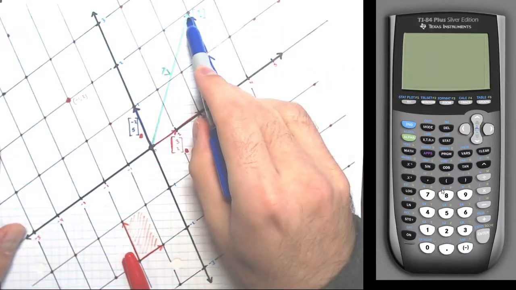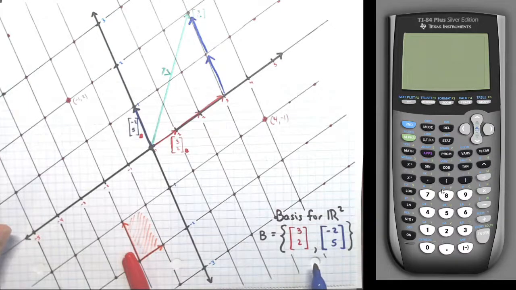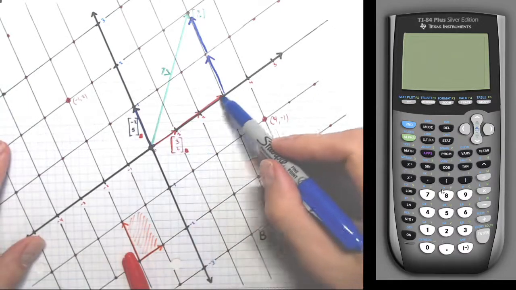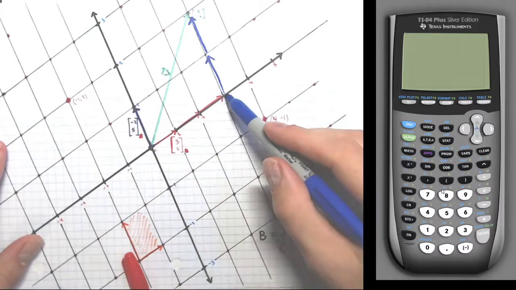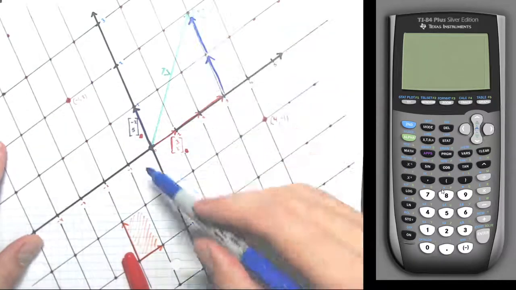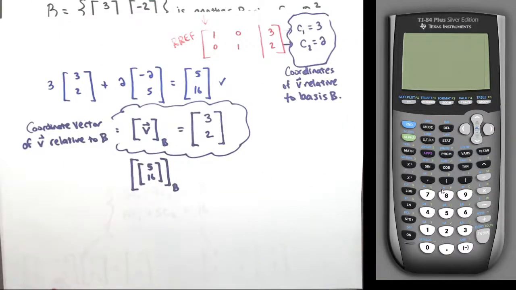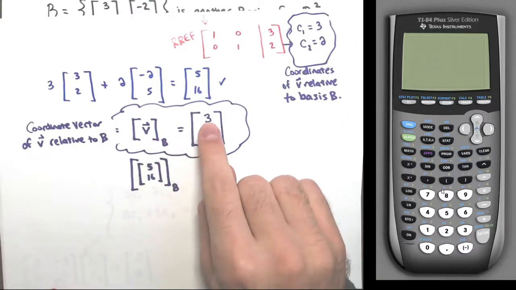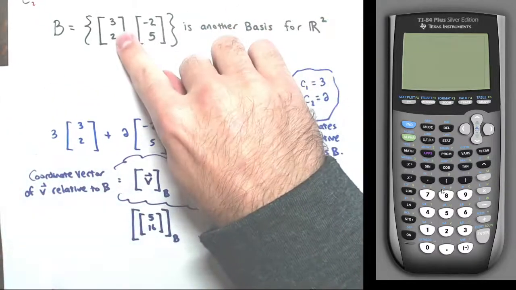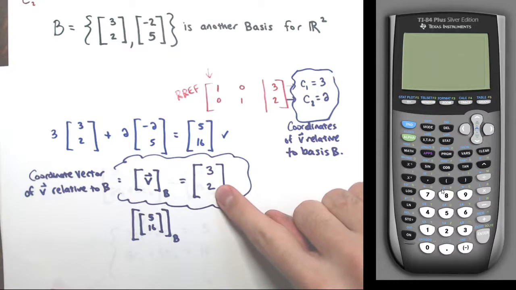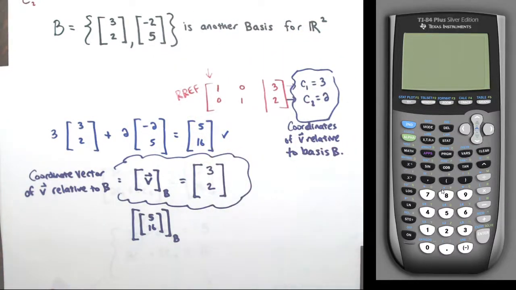So the coordinates of this vector with respect to this basis is 3, 2. 3 of the first basis vector plus 2 of the second makes that 5, 16 again, which is what I said back here, right? That's what this means. So 3 of that first vector in basis B, 3, 2, plus 2 of this -2, 5 makes the vector 5, 16 yet again.